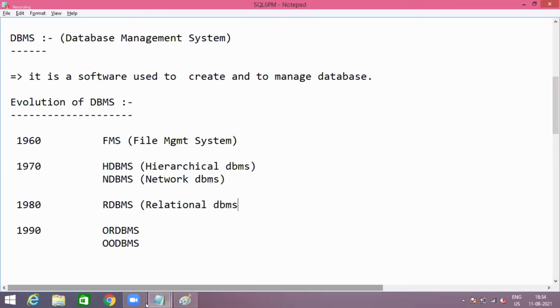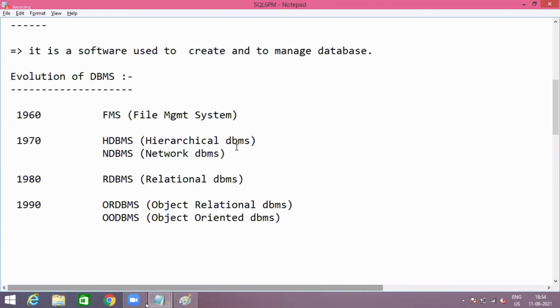Relational DBMS. What does ORDBMS stand for? Object Relational DBMS. What does OODBMS stand for? Object Oriented DBMS. So hierarchical DBMS, network DBMS, relational DBMS, object relational, object oriented DBMS: these are all different types of DBMS.